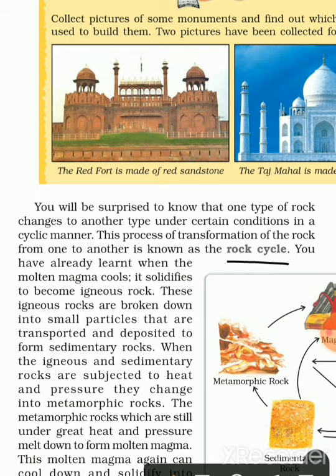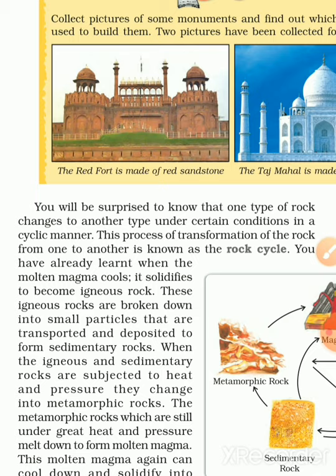Now the metamorphic rocks, which are still under great heat and pressure, melt down to form molten magma. See, metamorphic rock is under the pressure, which comes from the upside, as rock layers keep depositing on the earth's surface. The pressure is exerted at the last layer of the rock.